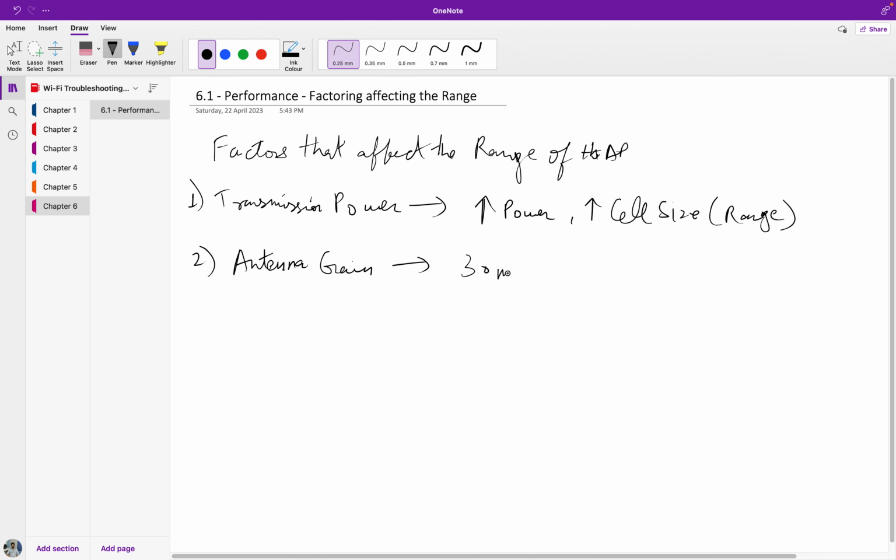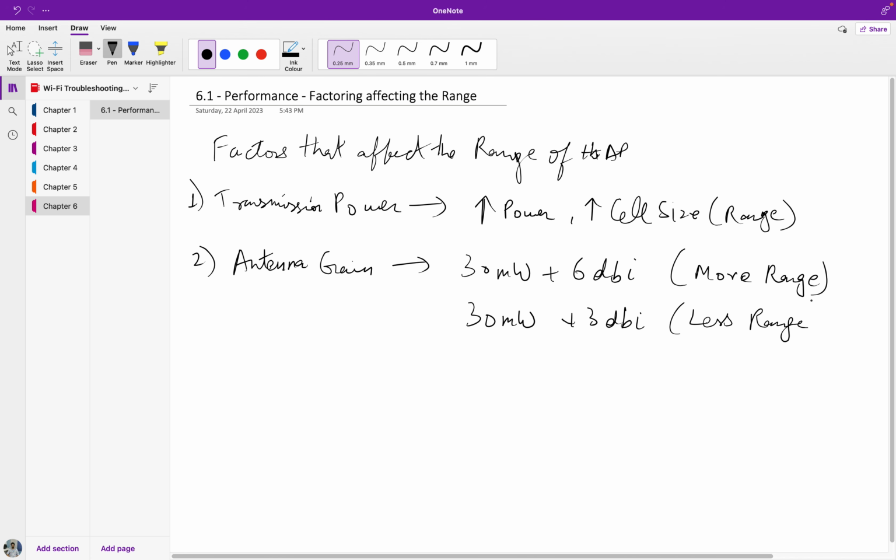So 30 milliwatt plus 6 dBi will have more range as compared to 30 milliwatt plus 3 dBi, which is going to be less range. So we should try to make use of the antenna gain as much as possible.